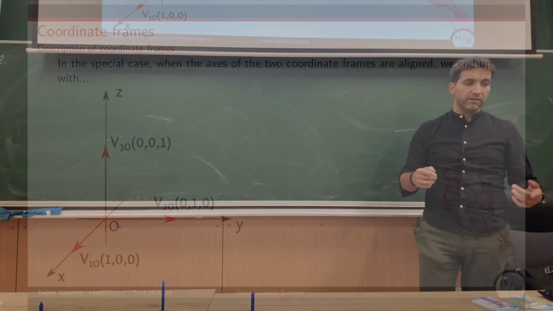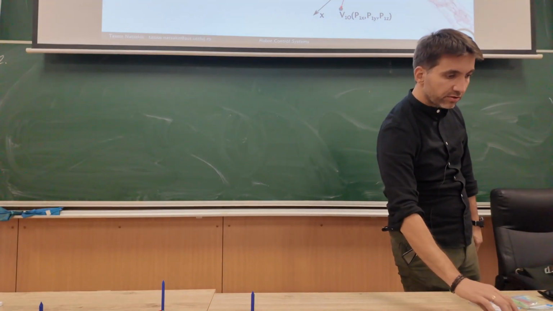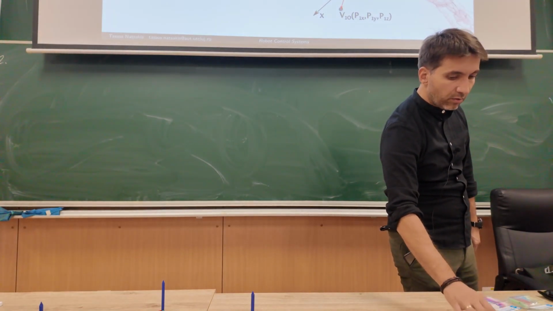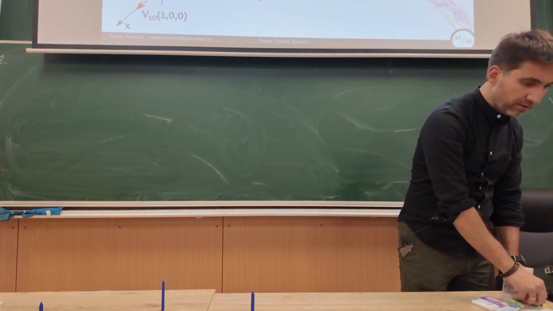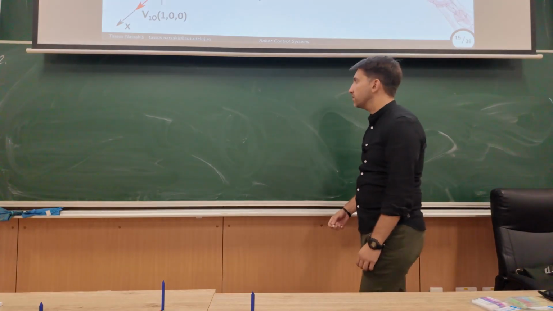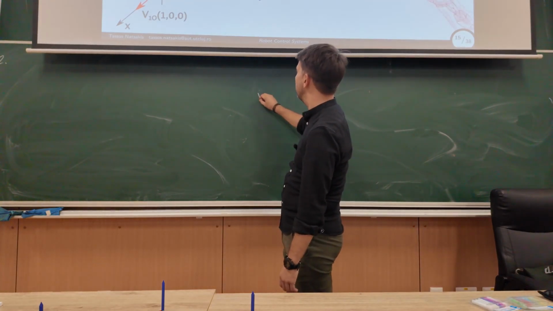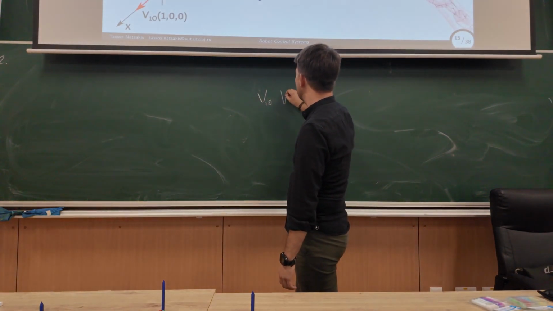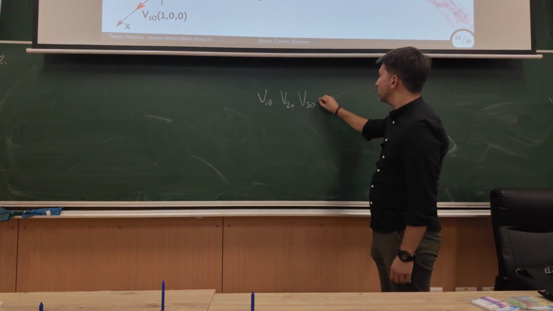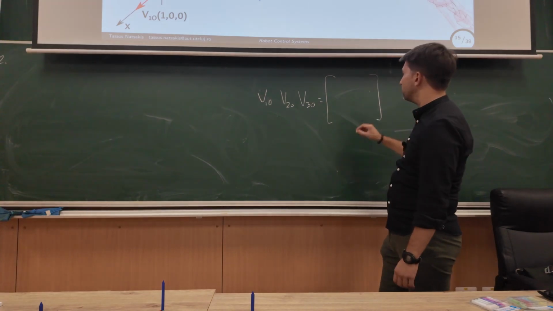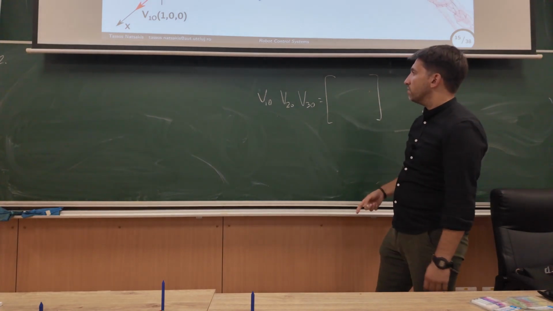If I write these 3 vectors using this notation, what will I end up with? Let's say I write here v1,0, next to it v2,0, and next to it v3,0. What will I end up with? The I. Why?